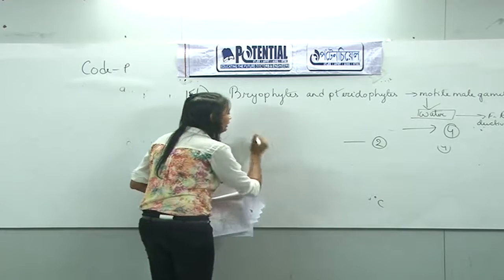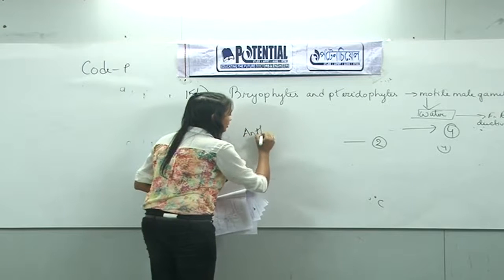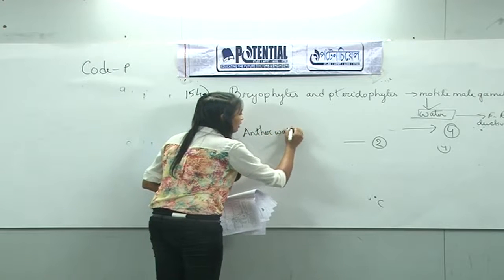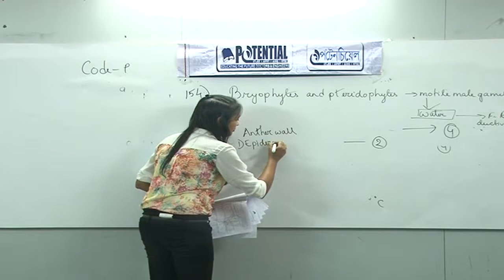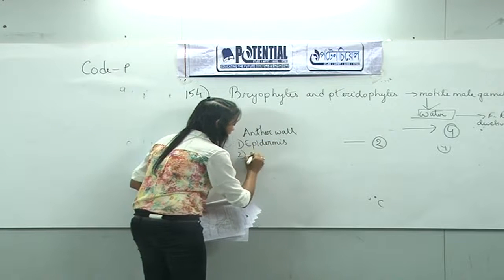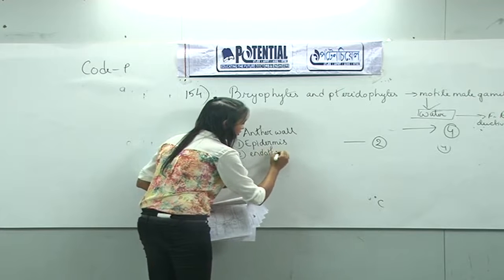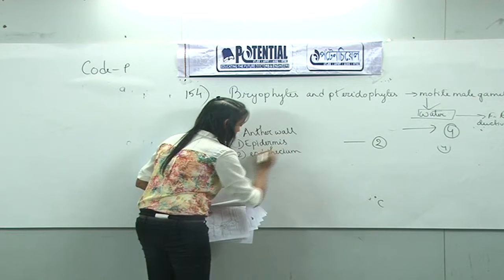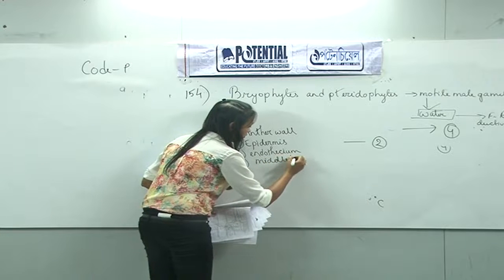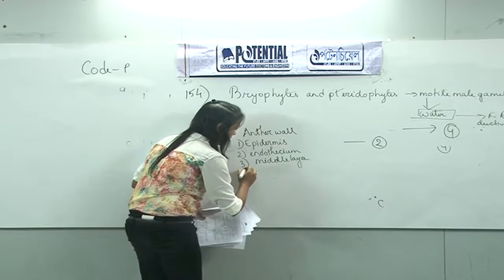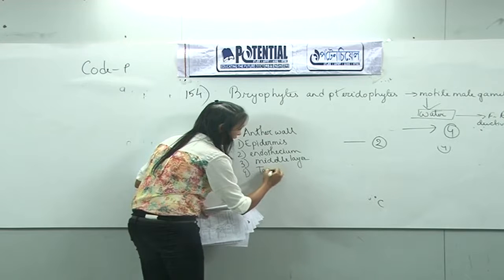We know that the anther wall is composed of different layers like epidermis, endothecium, middle layer and tapetum.